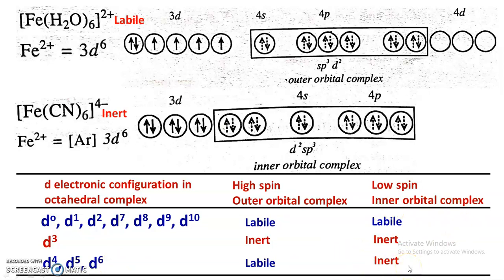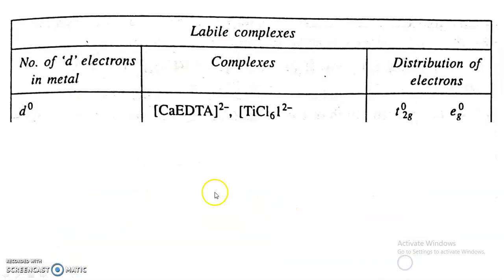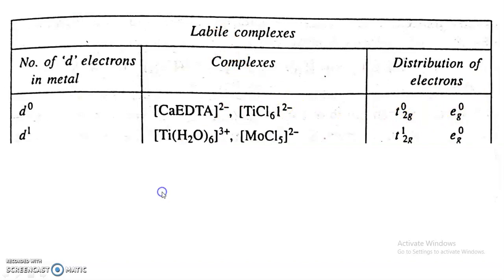So this can be understood by examples of certain complexes. When calcium forms a complex with EDTA or titanium forms a complex with chloride, the configuration will be d0 and such complexes are labile. This is about the distribution of electrons.